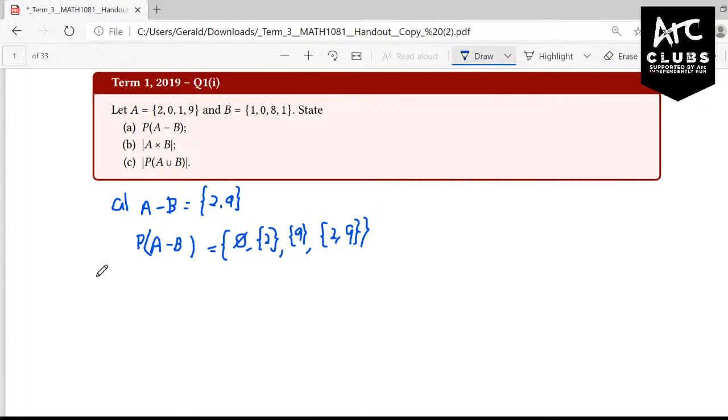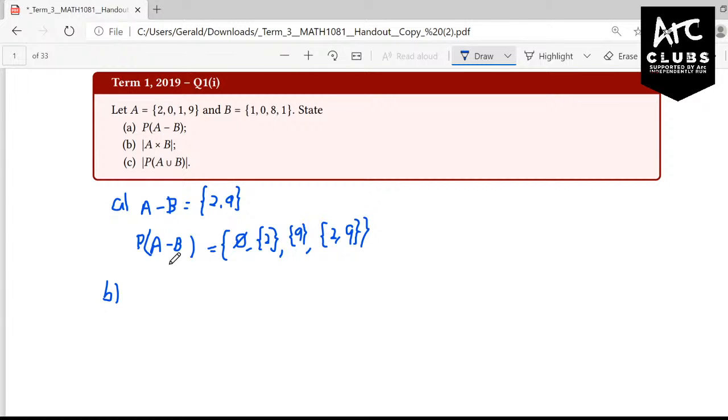For part B, what we want to compute is the cardinality of the Cartesian product. So remember that the Cartesian product, what you'll get in the end is basically a set of ordered pairs, right?